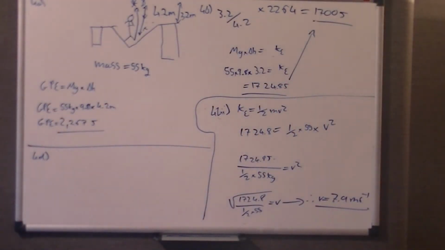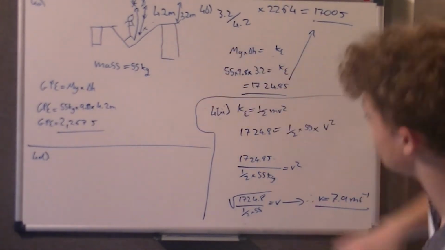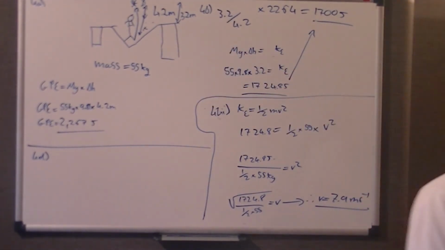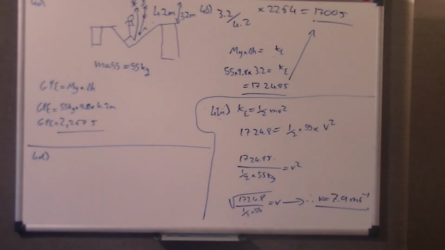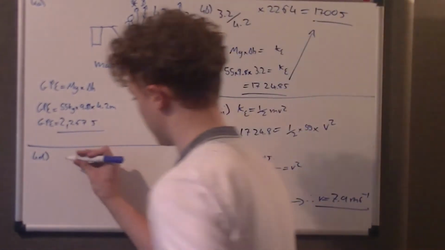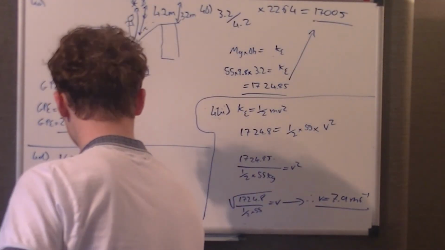As she accelerates upwards again from position A, which is the base, she is in contact with the trampoline for a further 0.26 seconds. Calculate the average acceleration she would experience while in contact with the trampoline. So we know her velocity is 7.9, so v equals u plus at.